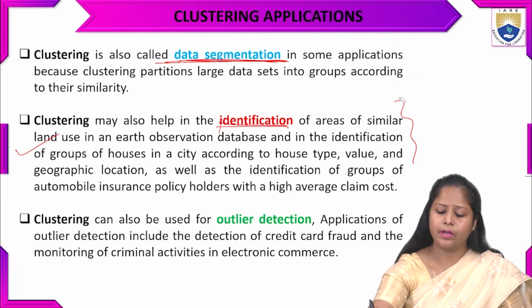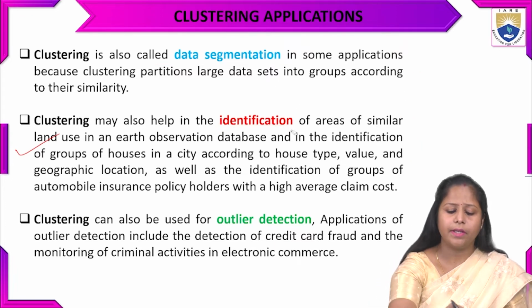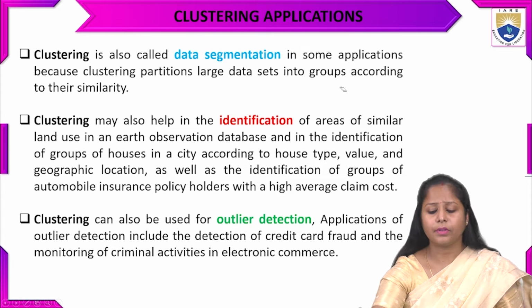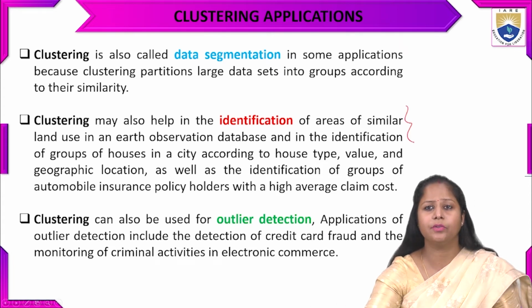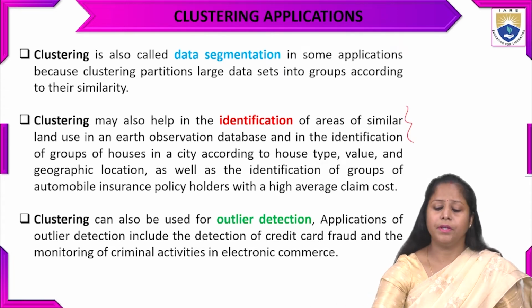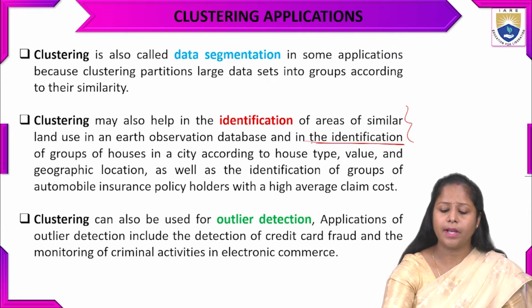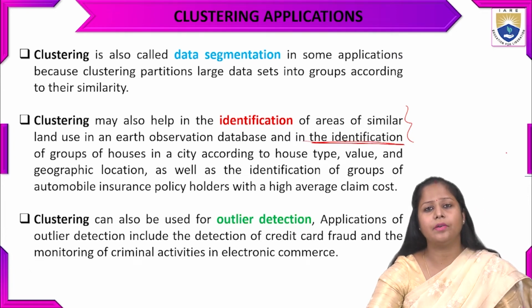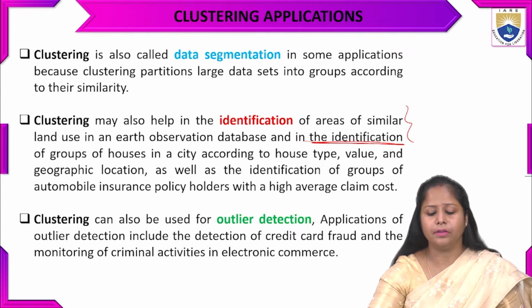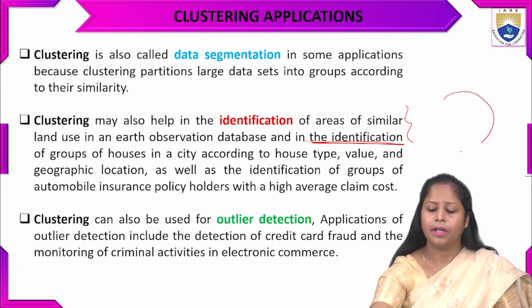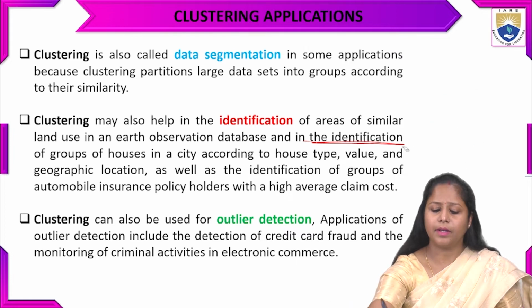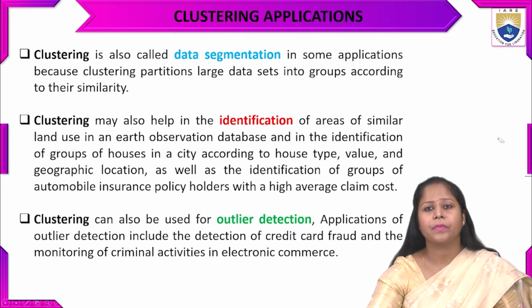So if we have an observatory database, and there is similarity in land use, then clustering is going to identify the groups of houses in the observatory globe, and then it will identify that.